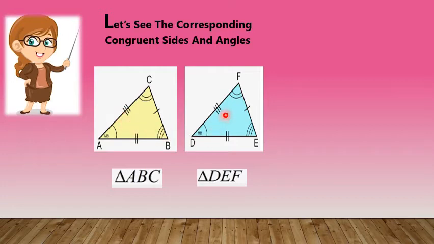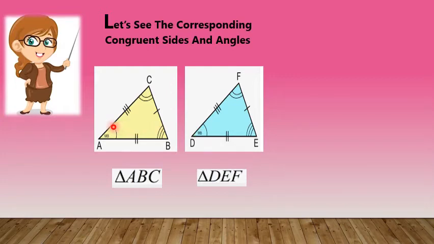This shows the congruent sides. The three tick marks show these sides, the first tick mark shows this side, and the second tick mark shows these sides. So as you can see, the tick marks show the congruence of the two triangles.